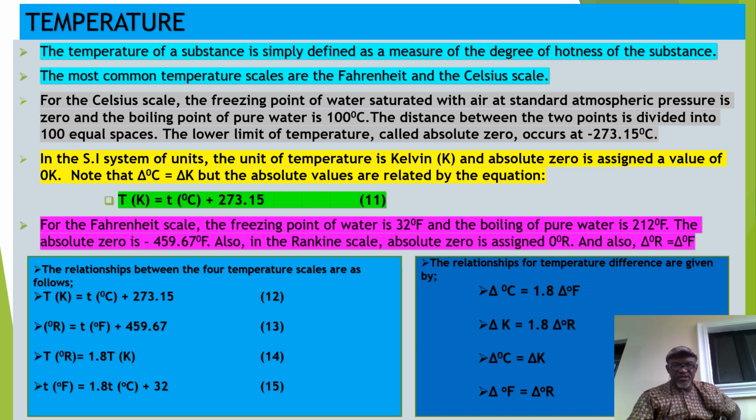And equation 16, all these four equations give us the differences in temperature range for all the temperature units. So we'll be able to know, for instance, that change in degrees C is equal to change in Kelvin. Change in degrees Fahrenheit is equal to change in degrees Rankine.